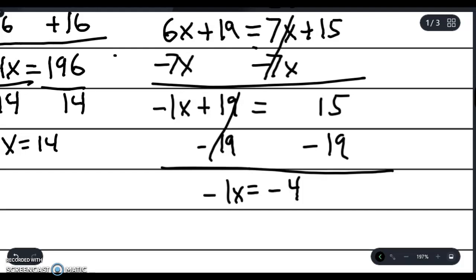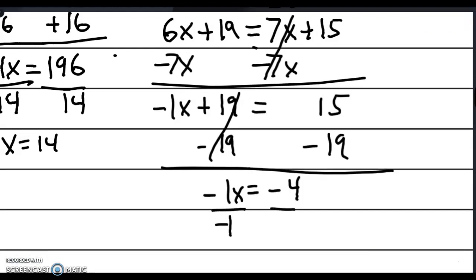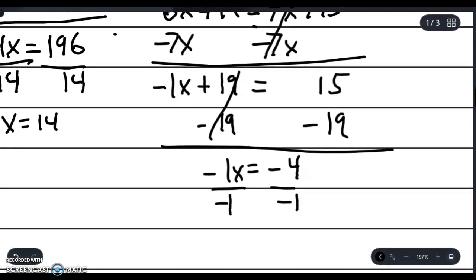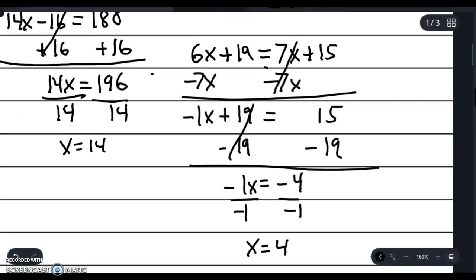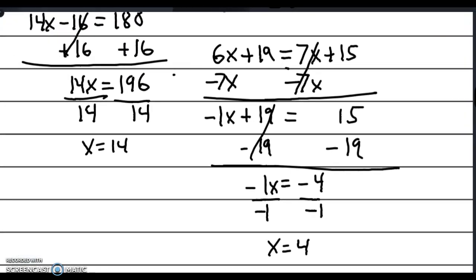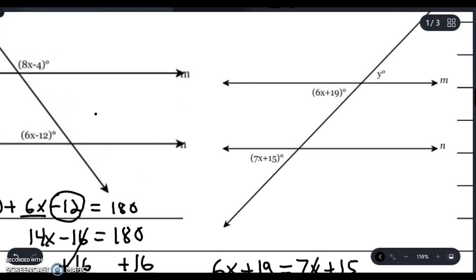And then I'm going to divide by negative 1. And x is equal to 4. Alright, so we have one of the variables that we needed to find, x. But remember, we still have to find y.